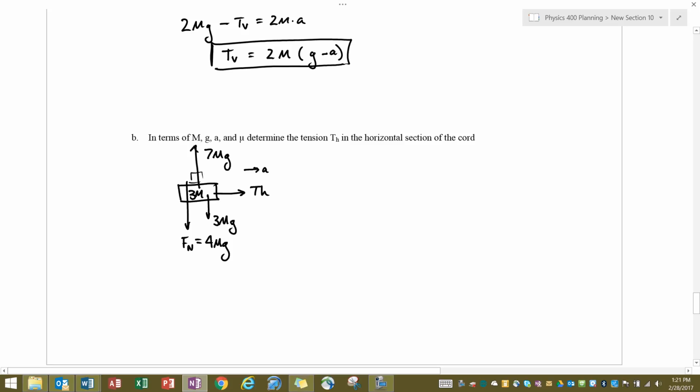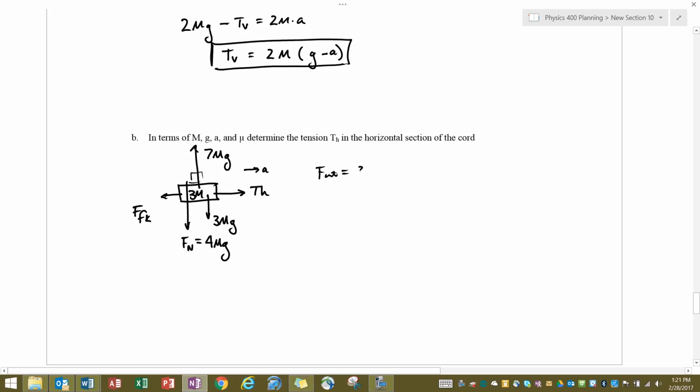And then if I think about this 4m mass on top, that thing's going to be accelerated to the right because of a frictional force between the 3m and the 4m. So the force on that 4m block is to the right, so that means that the force of friction on the 3m by the 4m has to be to the left. So now I can write my net force equation.